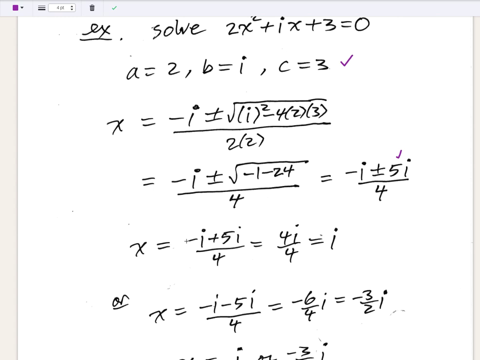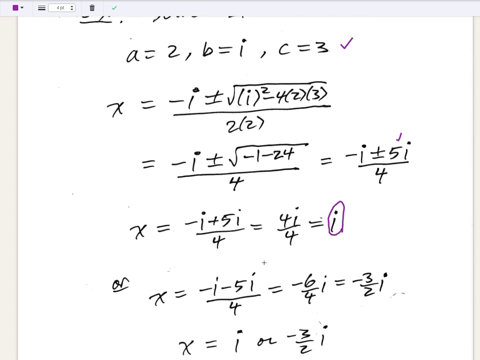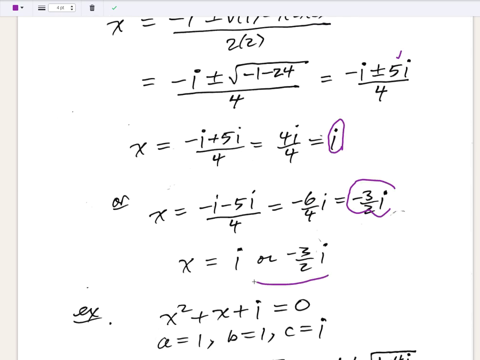X is negative i plus 5i over 4, which is 4i over 4, which is i. So one solution is i. And the other solution is negative i minus 5i, which is negative 6i over 4, which is negative 3 halves i. So we've got these two solutions.